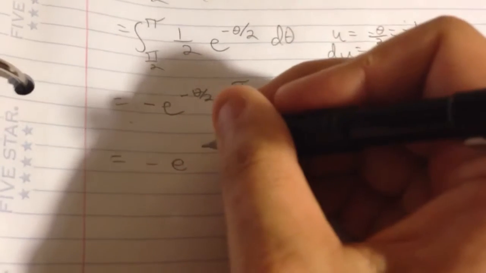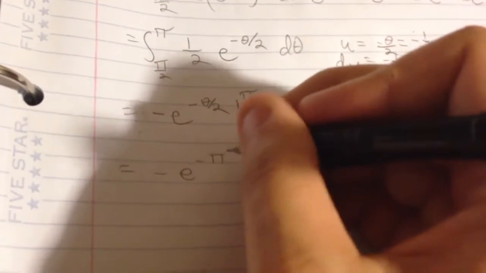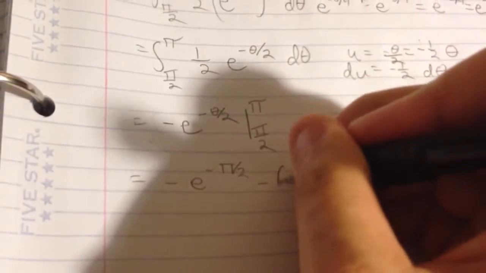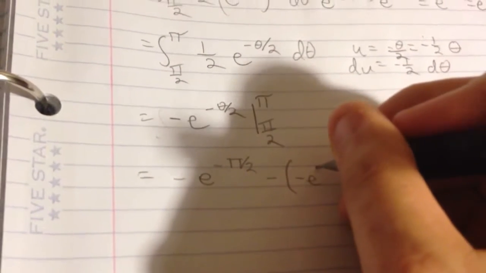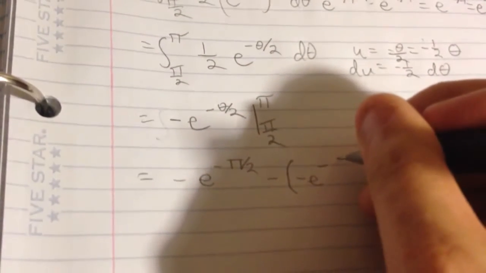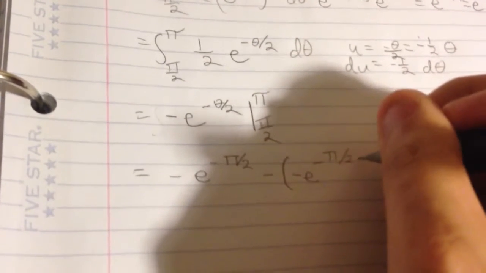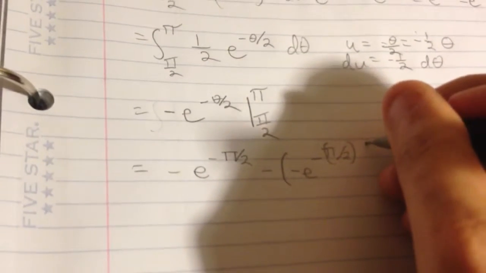So now we're going to plug in our bounds, which is negative e to the negative pi over 2, minus negative e to the negative pi over 2, all over 2.